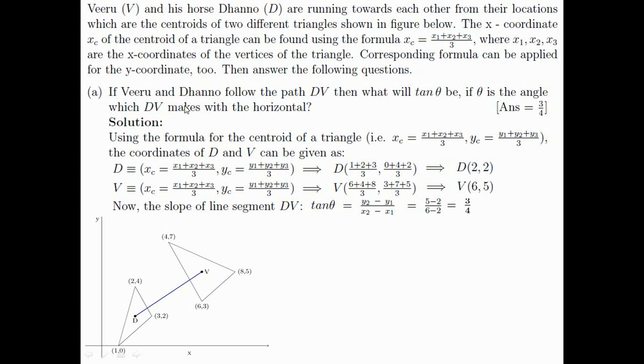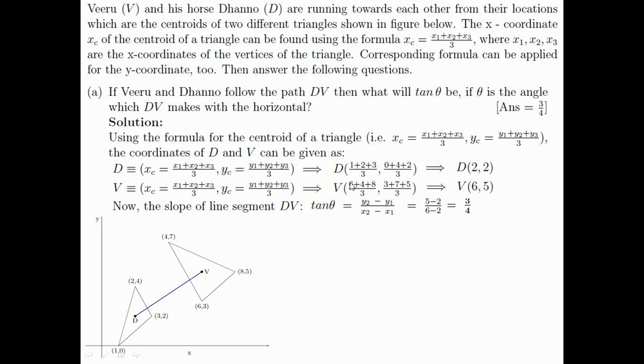If Viru and Dhanno follow the path DV, then what will tan theta be if theta is the angle which the DV line makes with the horizontal? Now using the formula of the centroid, we get xc equals (x1 plus x2 plus x3) by 3, and yc is also similarly.